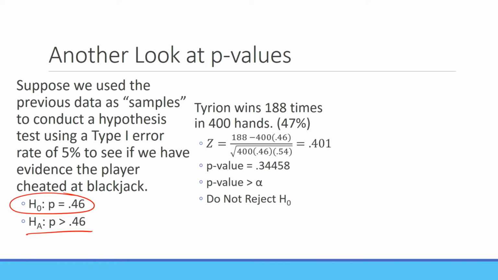We get our test statistic value of 0.401. Then, if you want to draw the picture, our standard normal distribution is centered at 0, we would mark off 0.401, and then find the area to the right of that because we have a right-tailed test. Our alternative hypothesis is greater than.